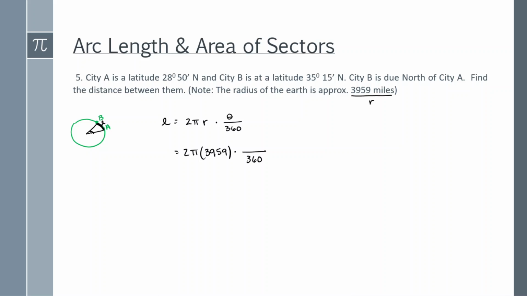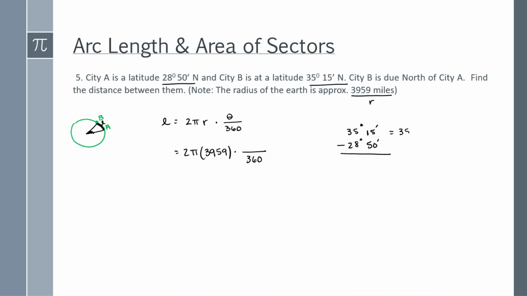So the question is, what is the angle between them? What is the angle here? Well, I know where each of them are at. So the angle is going to be 35 degrees, 15 minutes, minus 28 degrees, 50 minutes. So you can do the subtraction this way, but in order to do this calculation, really I want it as a decimal. So let's convert these.